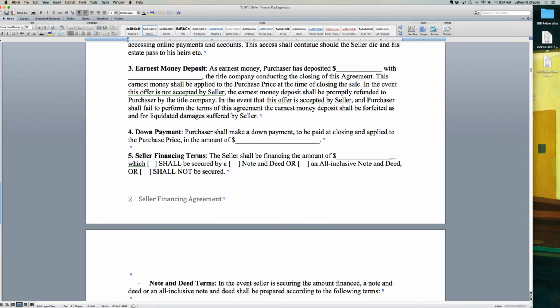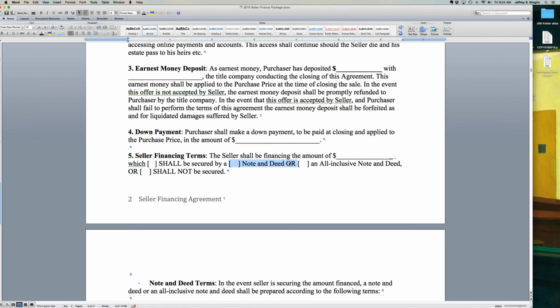Seller financing terms, again, this will depend on the kind of deal you're doing. If you understand the deal, you know what this means. If it's a straight subject to, there are no seller financing terms because the seller is not financing any part of the purchase price. You're just taking over the mortgage. But in a true seller financing situation or wrap, you need to secure that somehow with either a note and deed.